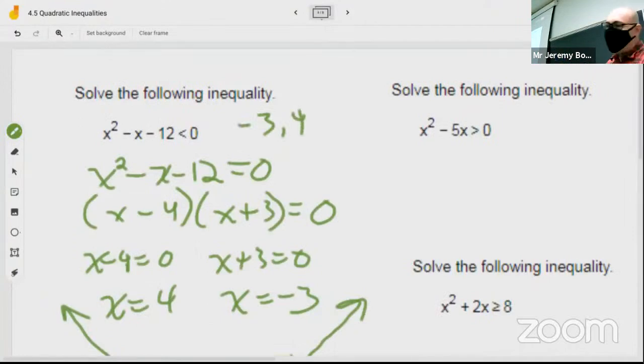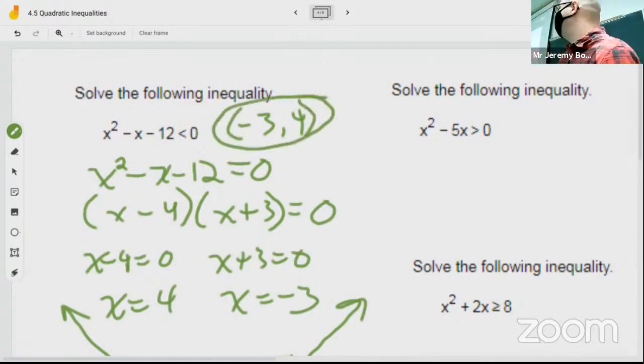Are we going to include the negative 3 and the 4? No, because there's no equal to stipulation on this inequality. And so we're just doing negative 3 to 4. Any questions on that one?